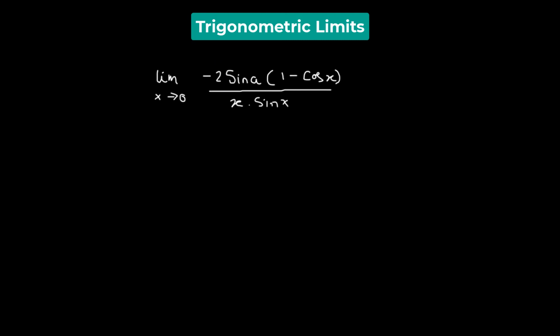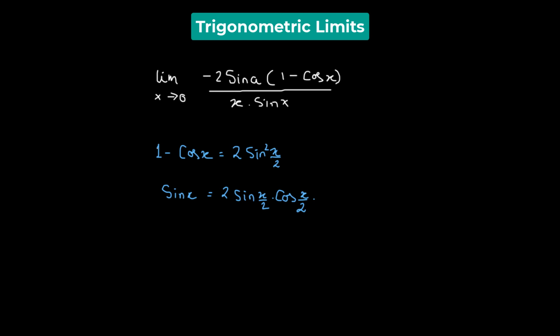The first identity that we're going to use is 1 minus cosine of x is equal to 2 times sine squared x over 2, and sine of x is equal to 2 times sine of x over 2 times cosine of x over 2.